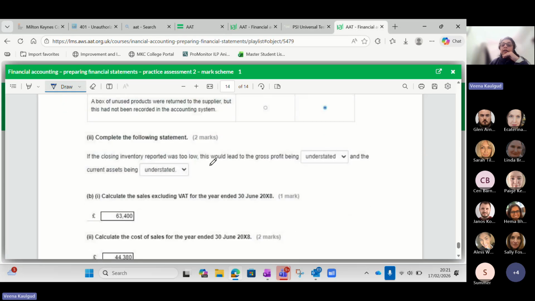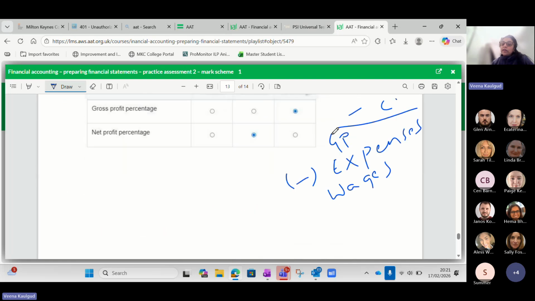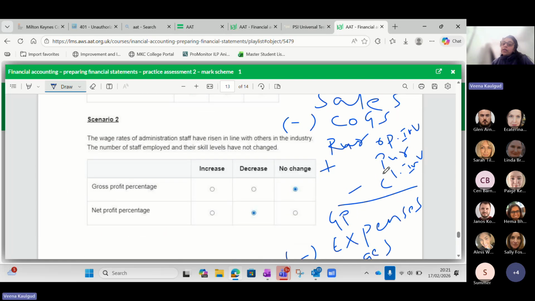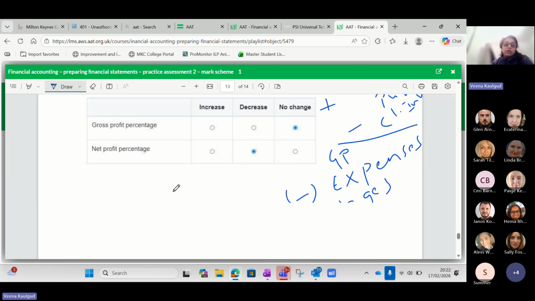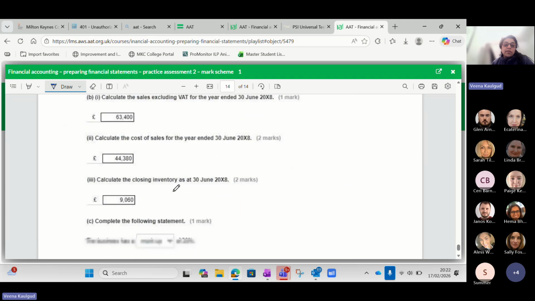So let's look at that. Understated. Again, why? Because I just wrote it here, see here: sales minus COGS. So what is COGS? Opening inventory plus purchases minus closing inventory. If this minus figure was a smaller number, what happens to your profit figure?